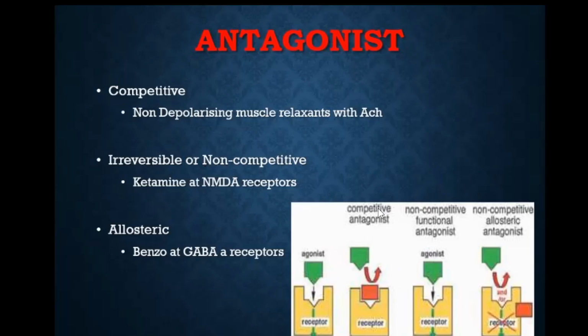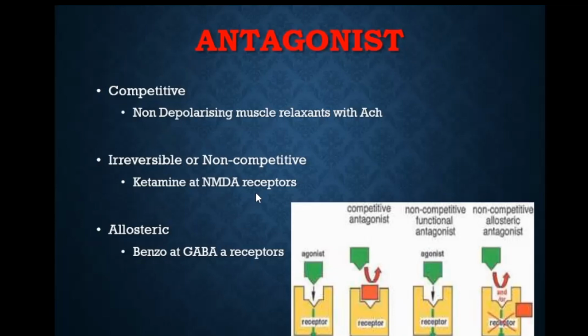In competitive antagonism, let's say you give 100 molecules of competitive antagonist and there are 100 molecules of ACh. There's an equal competition, so the competitive antagonist can prevent the binding of the agonist. But if you increase the concentration of the agonist, like acetylcholine molecules becoming 200, they can successfully displace the antagonist from the receptor binding site and bring about the pharmacological effect that we wanted. So they are reversible.